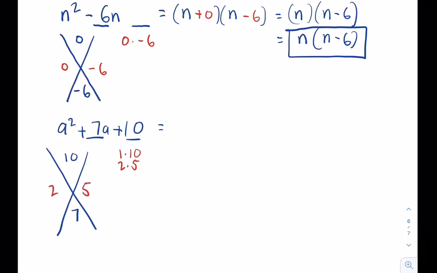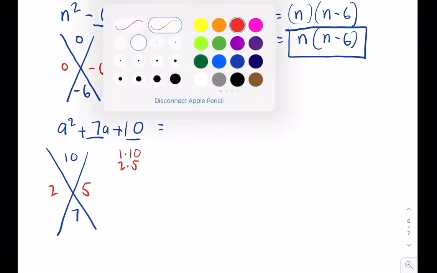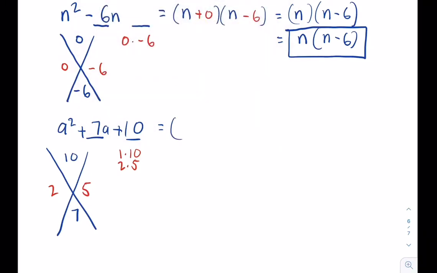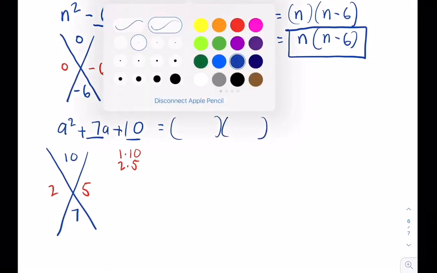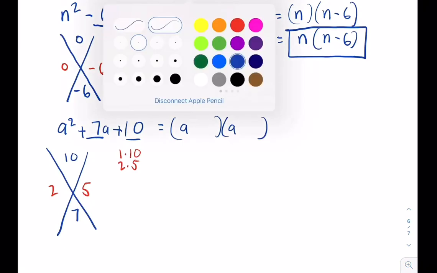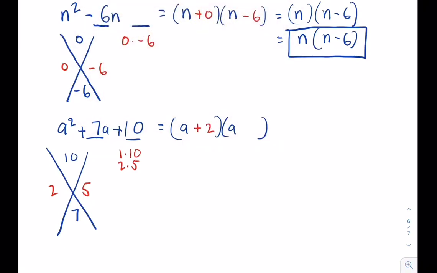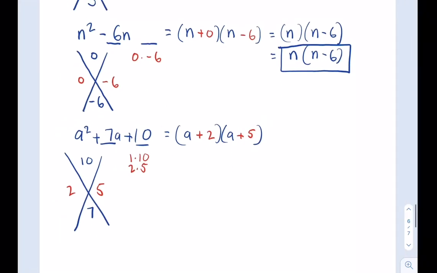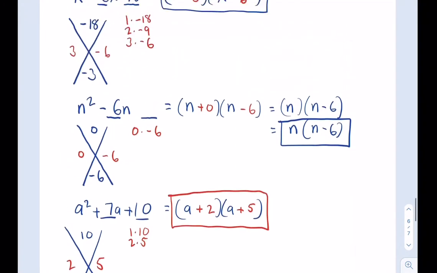So our two numbers are 2 and 5, because they multiply to 10 and add to 7. And now we're using a, right? So it'll be a, and our two numbers are going to be plus 2 and plus 5. And that's our factored form right there, our answer for that one.